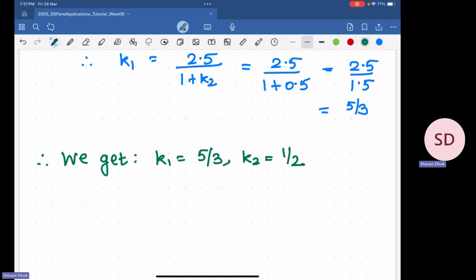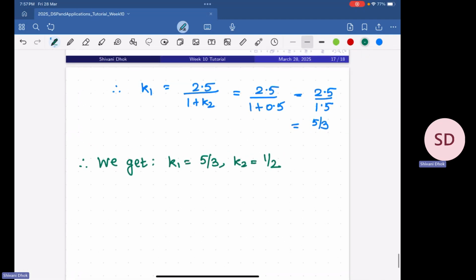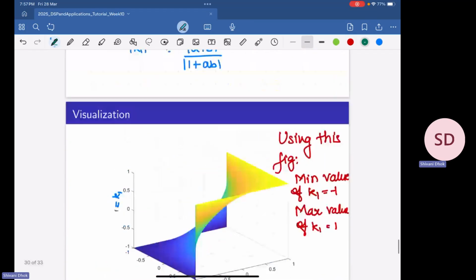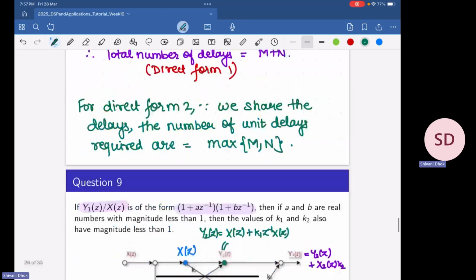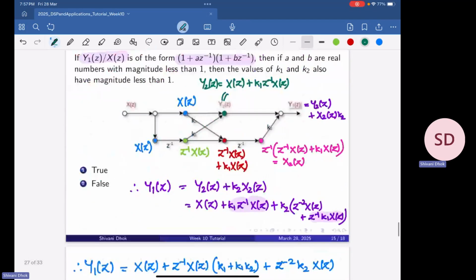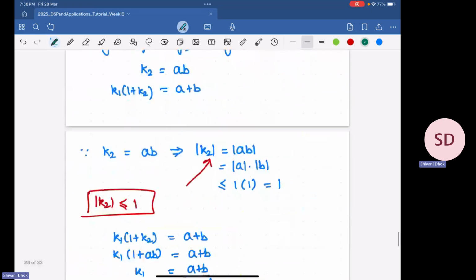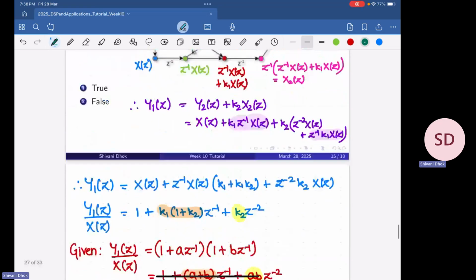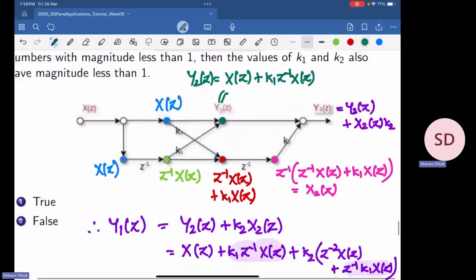Okay, if there are no questions, then before ending this class, I would like to mention a few things. First, this kind of structure that we just saw in the last two questions is known as lattice structure.